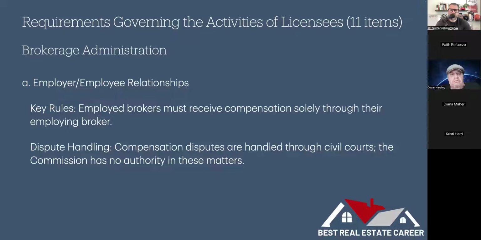And then compensation disputes are handled through civil courts, and the commission has no authority in these matters. So let's say that something pops up, right? That your client doesn't pay you, or even another brokerage. Let's say that you're a co-op. And co-op, I want you to always know that the co-op means that you're the buyer's agent. Always. It never means you're the listing agent.